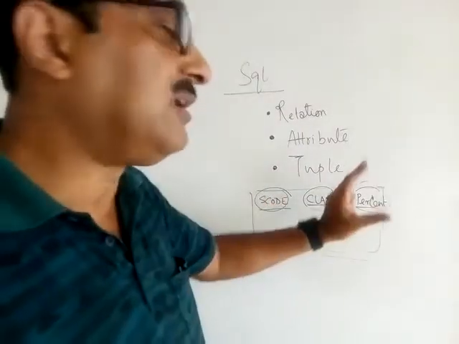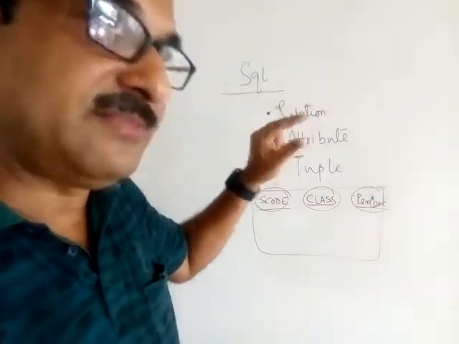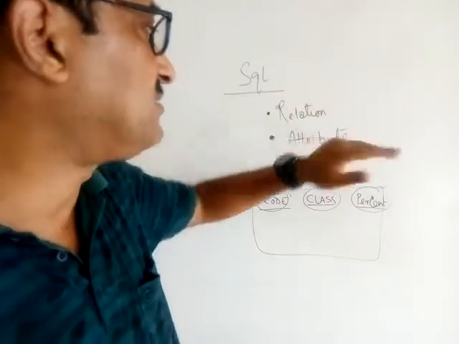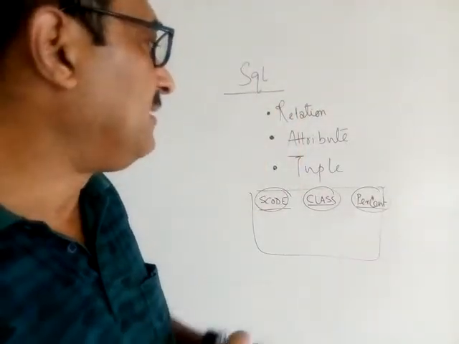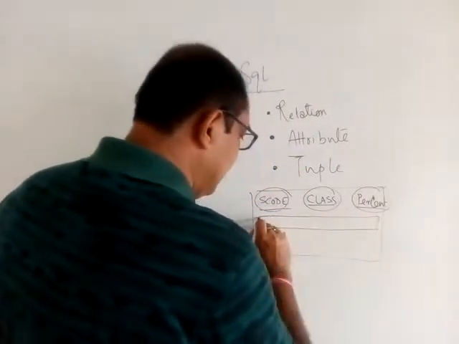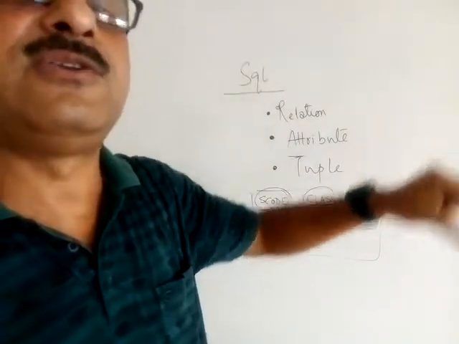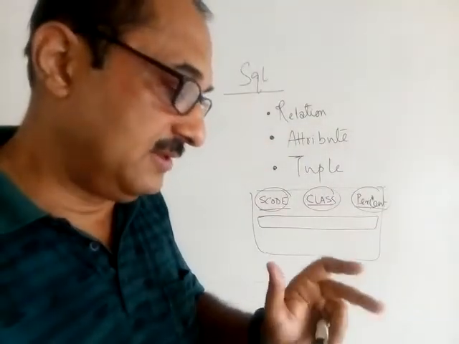As many columns or fields as you have, every column or every field is called an attribute. Tuple is just another word for record. Record, that means related data or a particular row can be called a tuple.